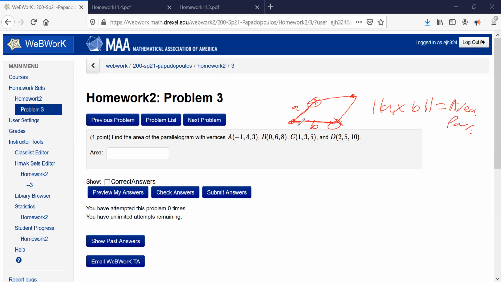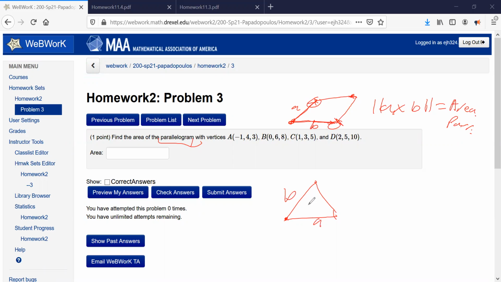One of the questions that comes up pretty often is usually not find the area of the parallelogram. It's in your homework 1.4 PDF, and I've seen it on exams several times before. It's not usually that, but find the area of this triangle. And that's going to be the same thing.